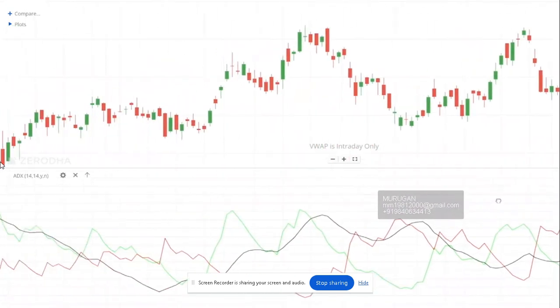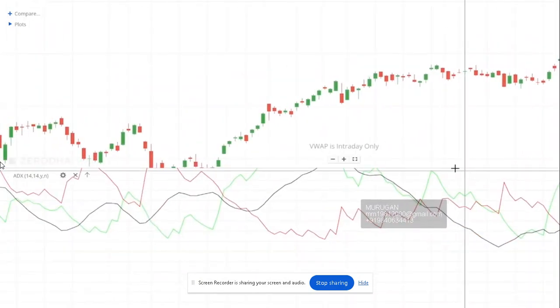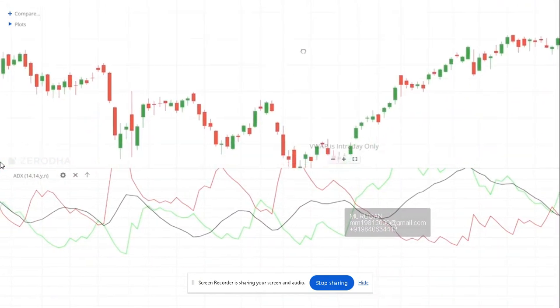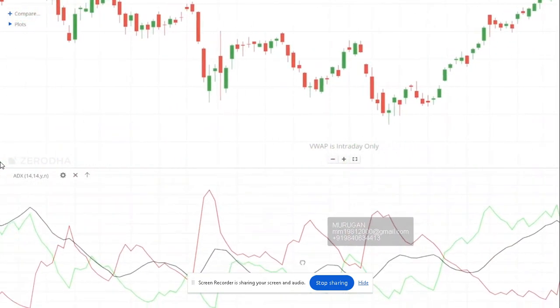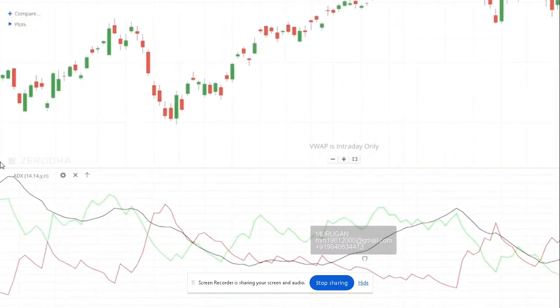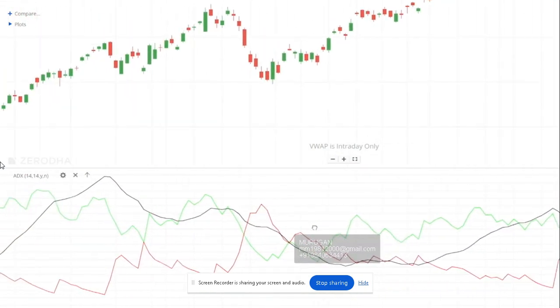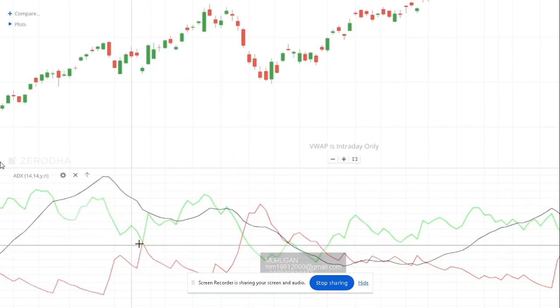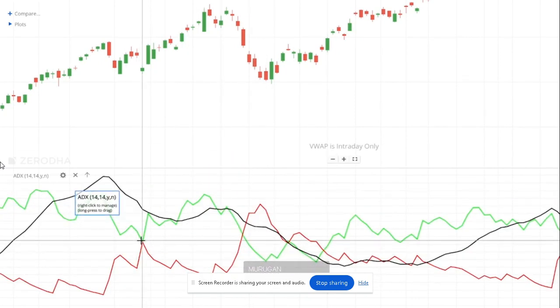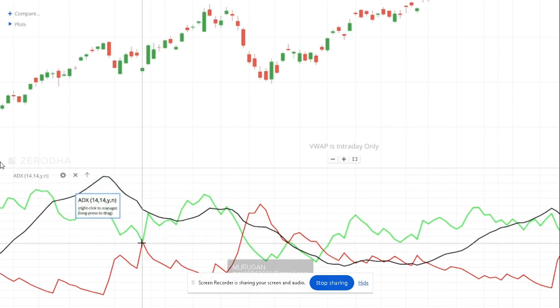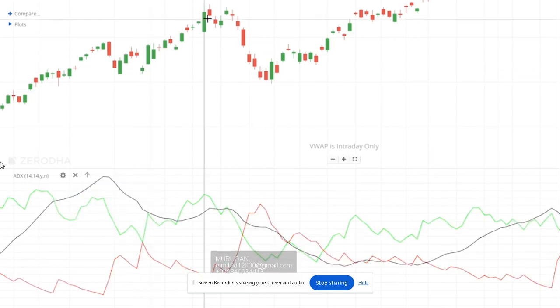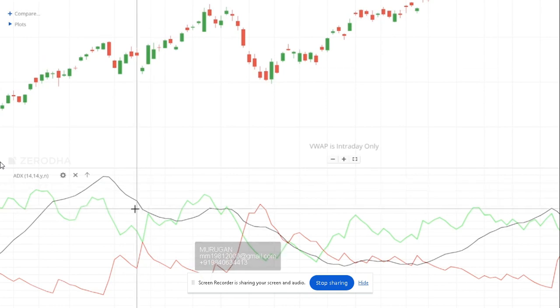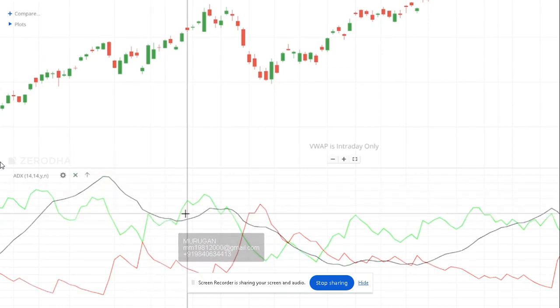Okay, maybe I'll move somewhere back to show you some examples. Okay, now let us look here. Here the green line is above the red line. So the market was bullish, but not very bullish because it was oscillating.